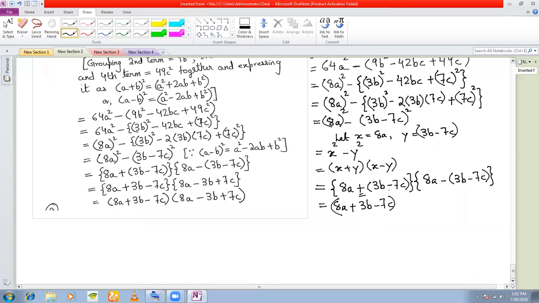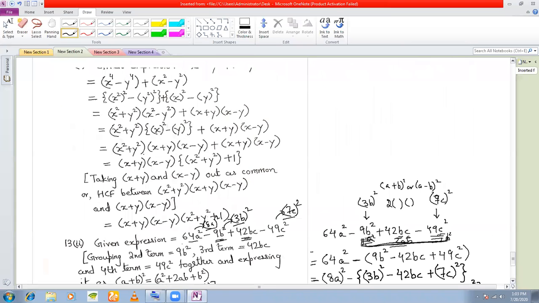Because there's a plus sign outside, this sign does not change. And because there's a minus sign outside, when I open this bracket, this must become plus. So 8a minus 3b plus 7c, which are my required factors. This is one factor, this is the second factor. No problem? No, sir.